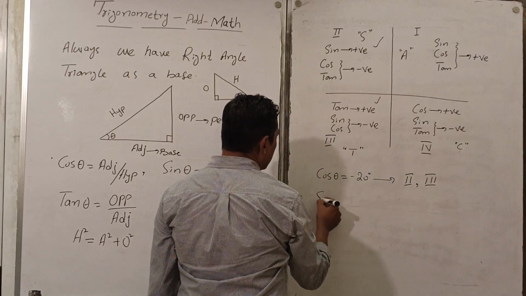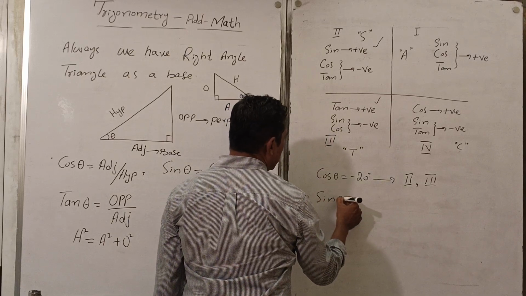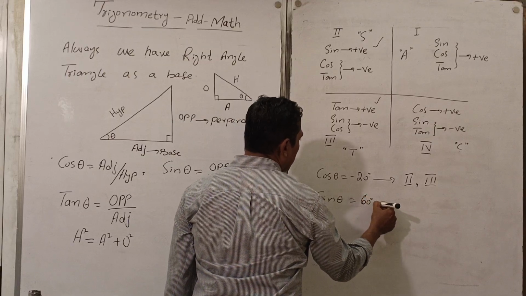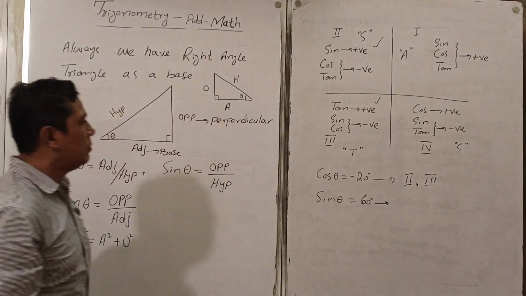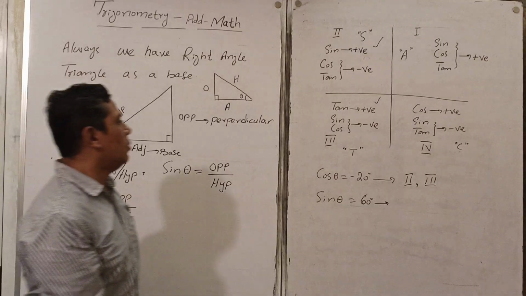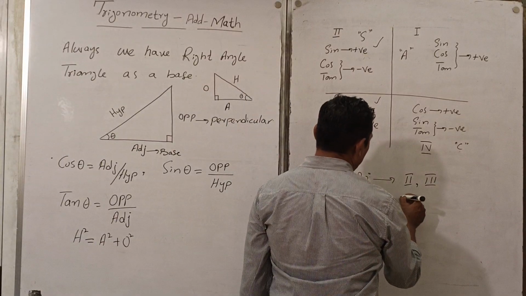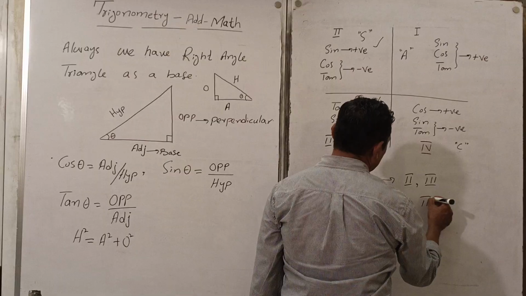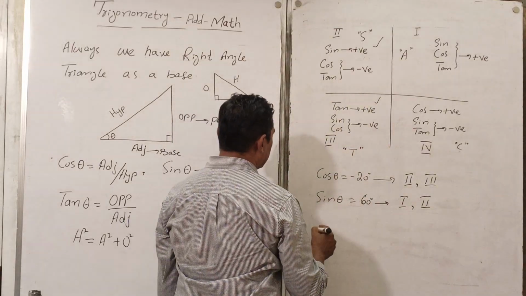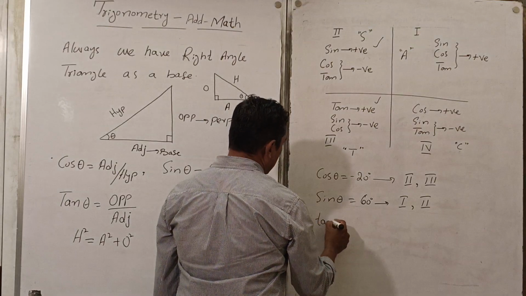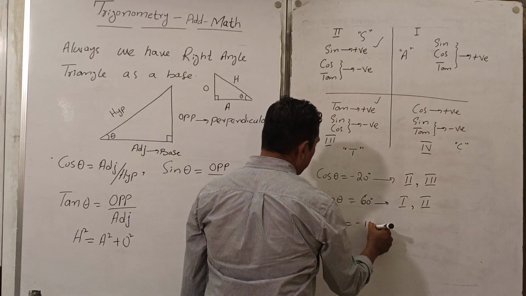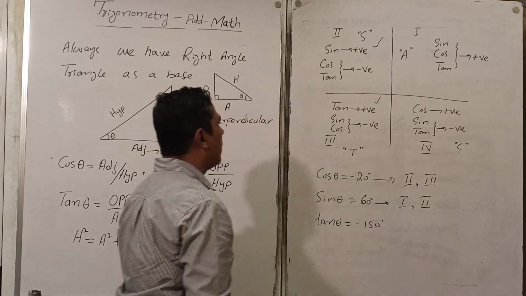When we write sine theta equal to 60 degrees, where will you have it? First and second. Because the sine is positive in the first and second quadrant. Now, when you have, for example, tan theta equal to minus 150 degrees, where will it be?